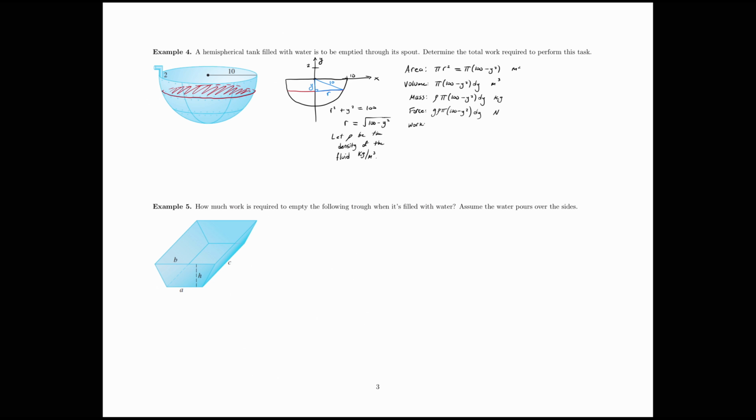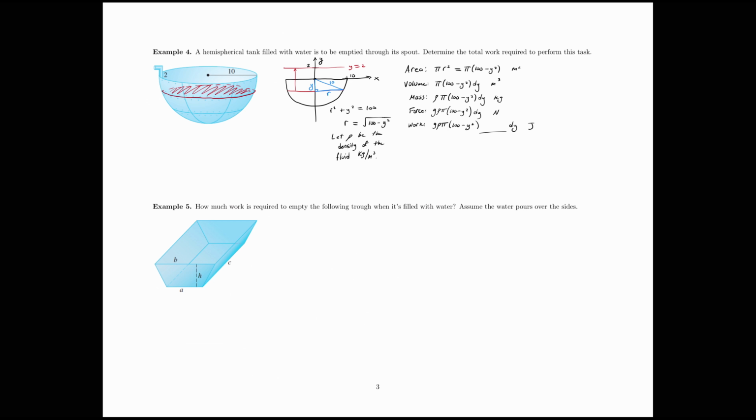Lastly, the work, which would be to take the force that we just have written down and multiply by something here to determine how far this slab must be lifted. So this slab must be lifted to this height of 2. Okay, so it's this distance we must travel.